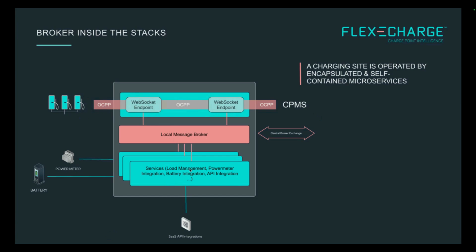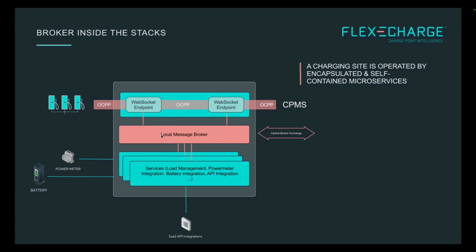At any point in time, the load manager, due to this local message broker, through these WebSocket endpoint information, has a complete picture of what the status is, what the current charge currents are at a particular site, and it can react to it. Then it will react and it will publish, for example, for a particular charging station, that it should change the charge current.